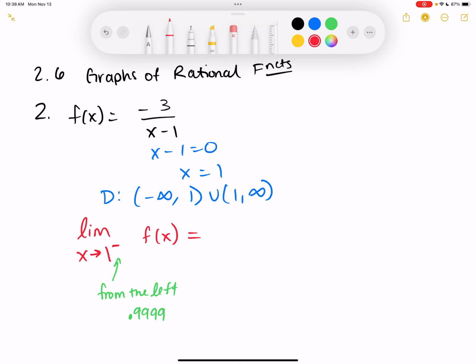Something like that. And so when I divide by a really small number, what happens? You get a really big number. So this is going to go to infinity. And because it's a negative over a negative, that's why it's positive infinity.